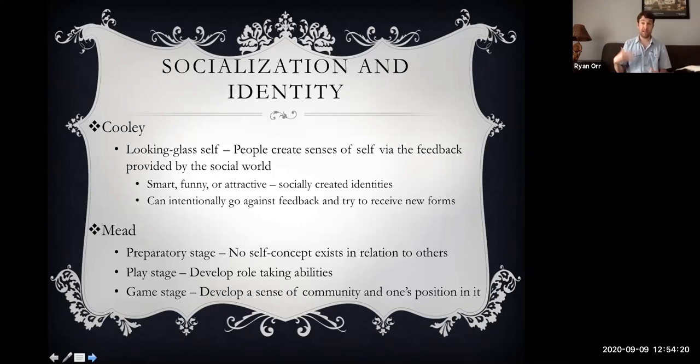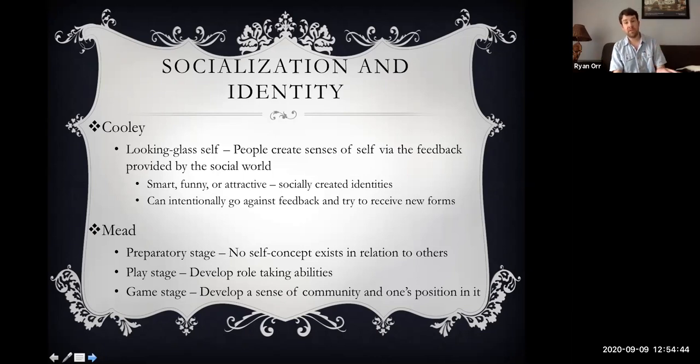So I can play teacher, I can play doctor. So you're taking on the role of the other and starting to see and act in the world in their shoes, which is a step forward from stage one, because you start to distinguish yourself from the other person. You're defining the other person as somebody who entails certain tasks and responsibilities.